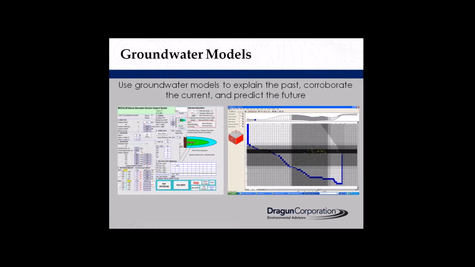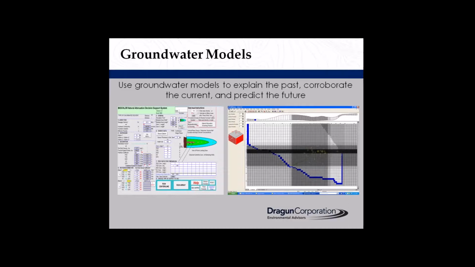So there's lots of different types of models that we use in our industry. We're going to talk about groundwater flow and contaminant transport models today, but there's also models for the unsaturated zone, so the part of the subsurface between the ground and the water table. There's models for simulating multi-phase transport, where you may have free-phase liquids traveling along with water or air or gases.